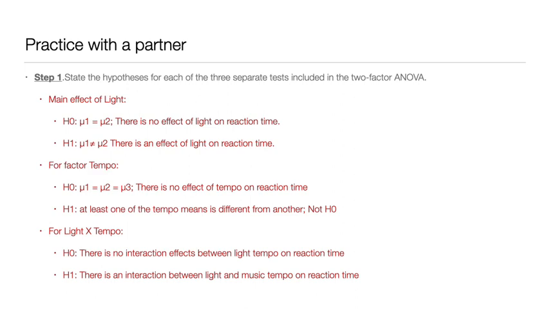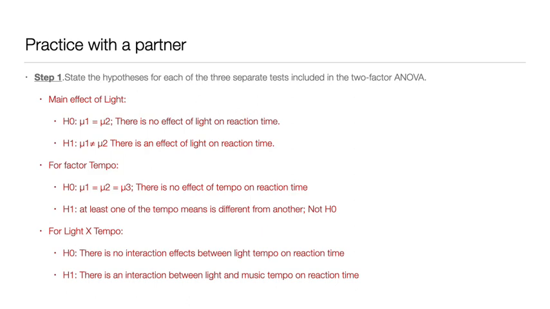For the main effect of light, the null hypothesis is mu1 equals mu2: there is no effect of light on reaction time. Notice that the independent variable and the dependent variable are included. For our research hypothesis, those 2 are not equal.